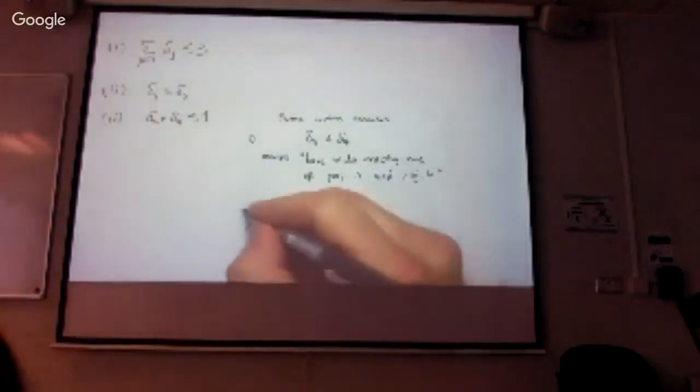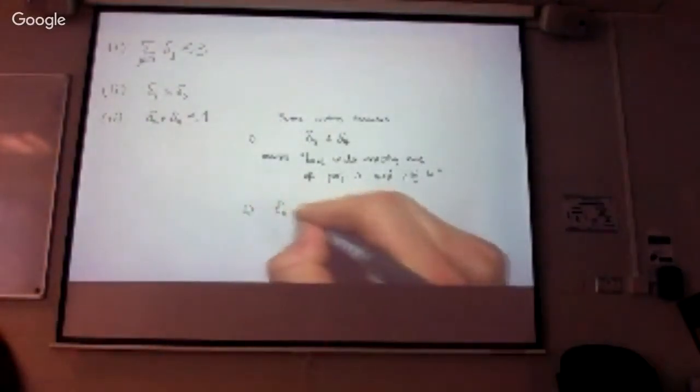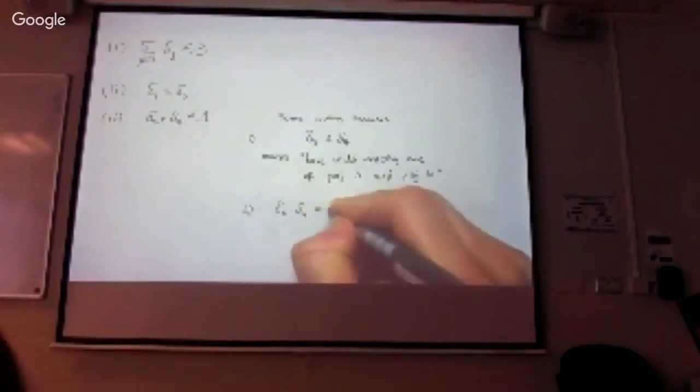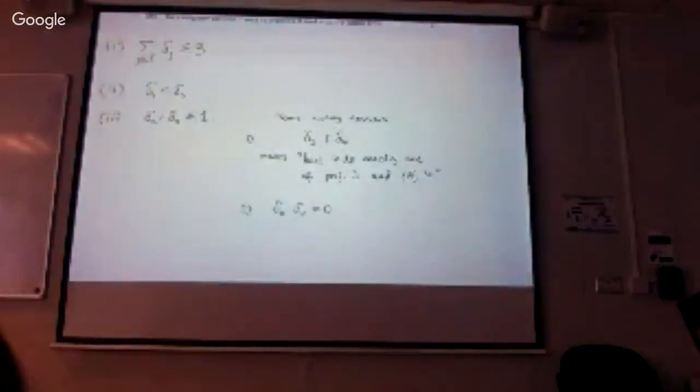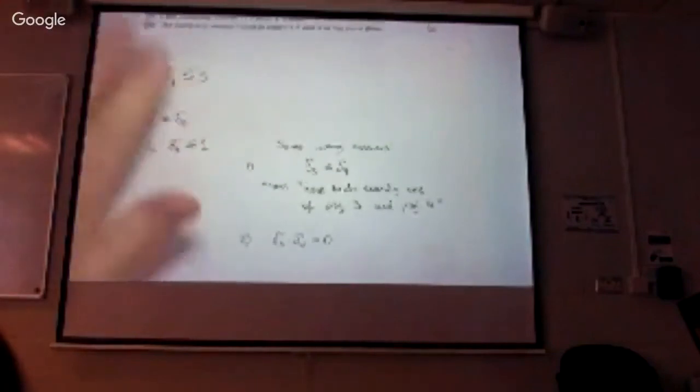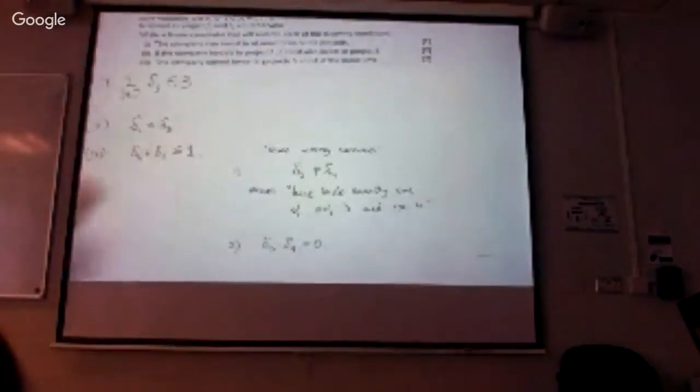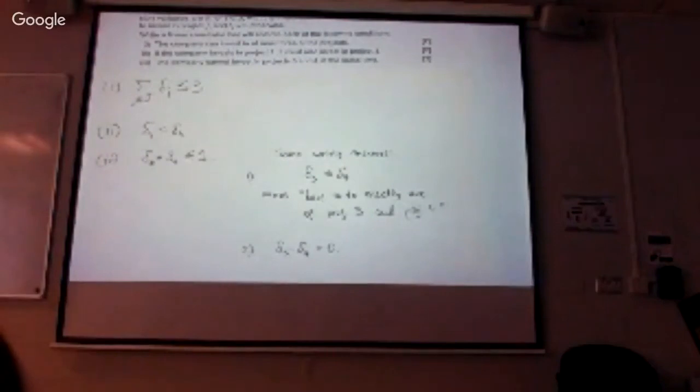I have another one. Delta 3 times delta 4 equals 0. Why is that the wrong answer? Not linear. Exactly. This is not linear.